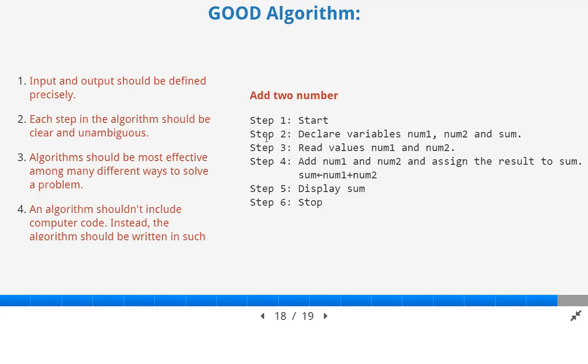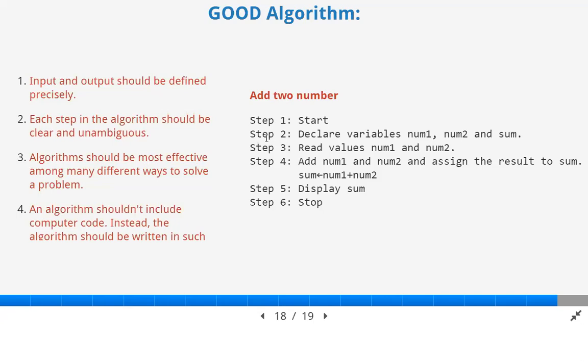And for an algorithm, because this is our language, we must avoid using computer code because we will use this algorithm to discuss with another programmer. It depends on what kind of program they will use. If we have a different programming language and we put it in our algorithm, it will confuse other people.